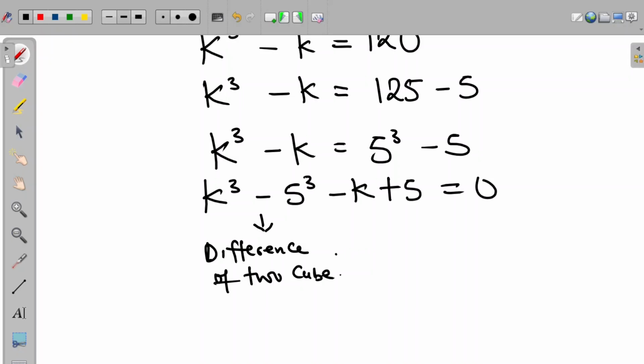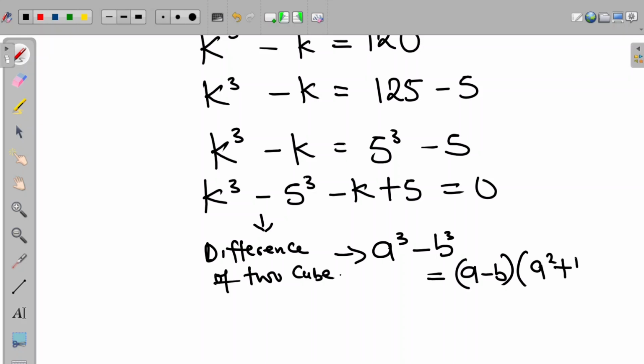But recall that the difference of two cubes, a raised to the power of 3 minus b raised to the power of 3, can be expressed as a minus b multiplied by a squared plus b squared plus ab.